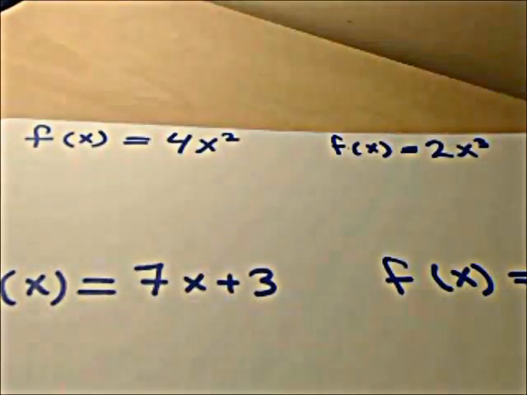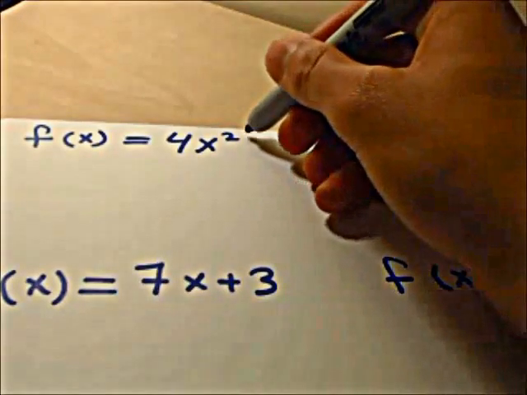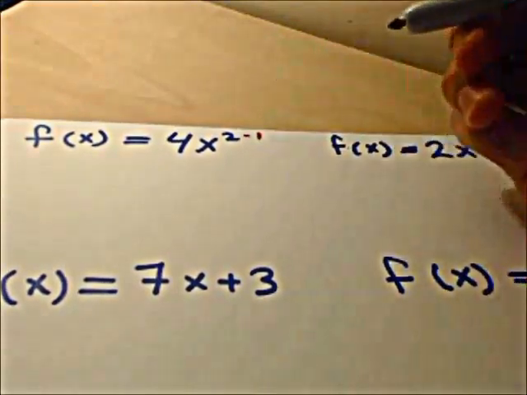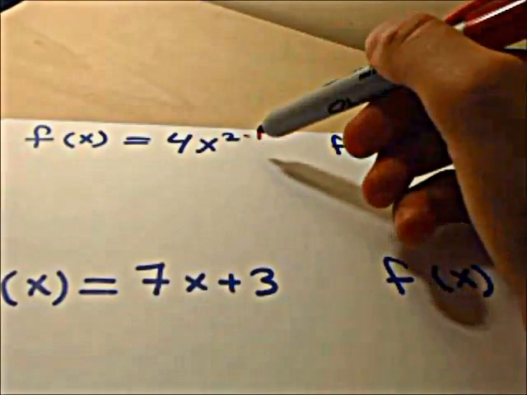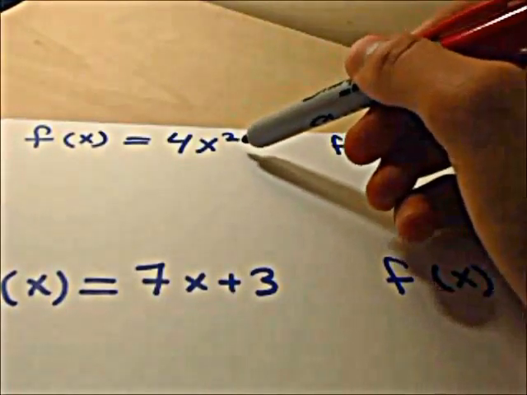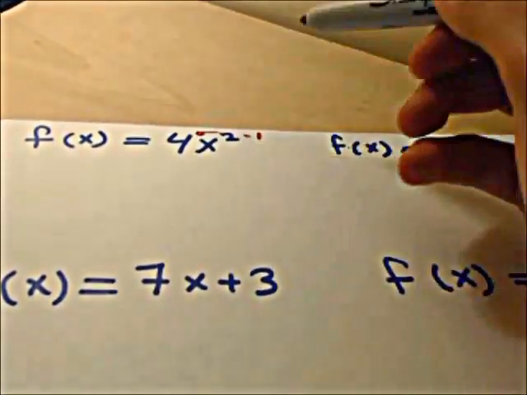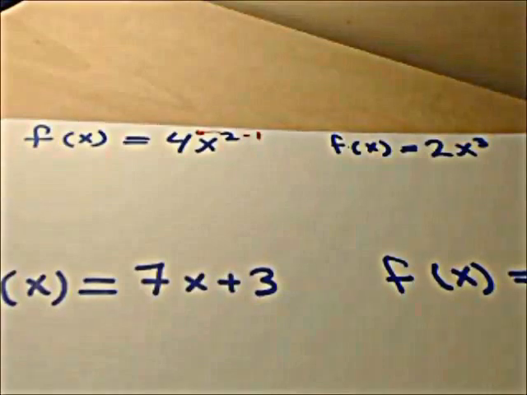Now what we do, as we said before, is we take the power of x, subtract 1 from the power of x, and multiply the original power to the coefficient of x.